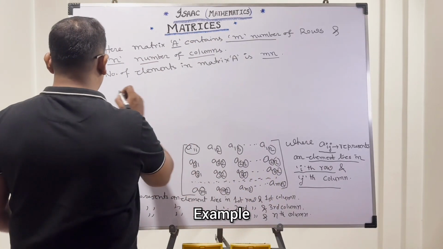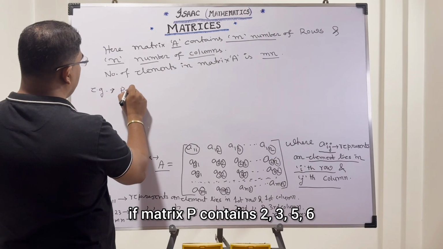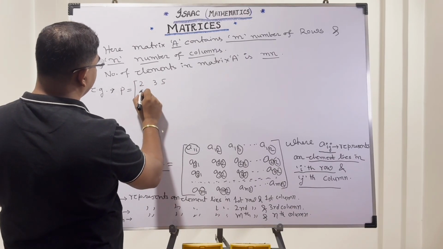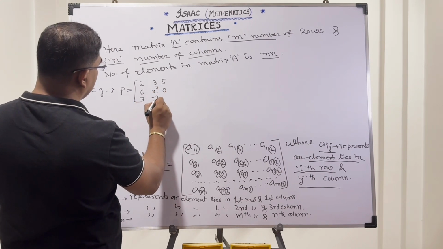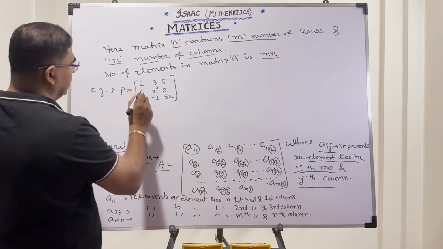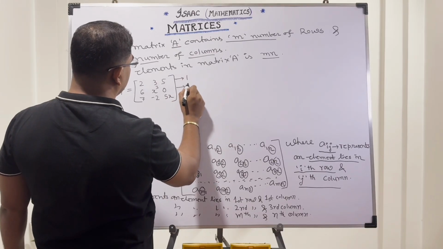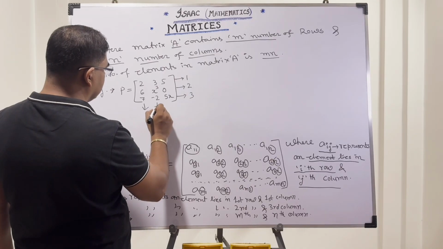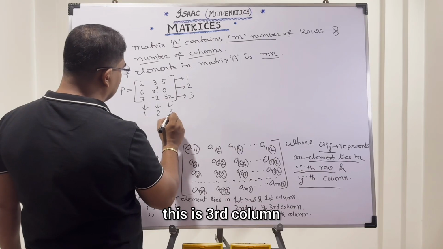Okay. Example. If matrix P contains 2, 3, 5, 6, x cube, 0, 7, minus 2, 5x. So this matrix has 3 rows: first row, second row, third row, and 3 columns. This is first column, this is second column, this is third column.